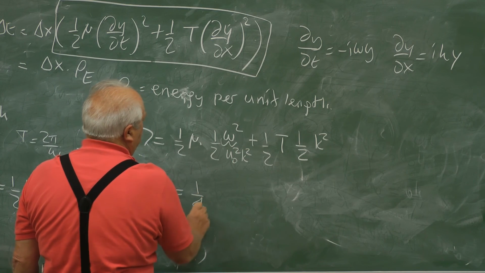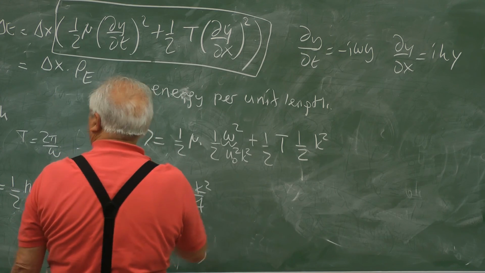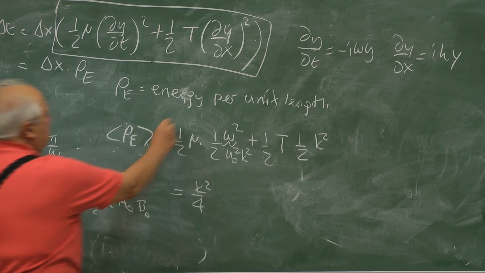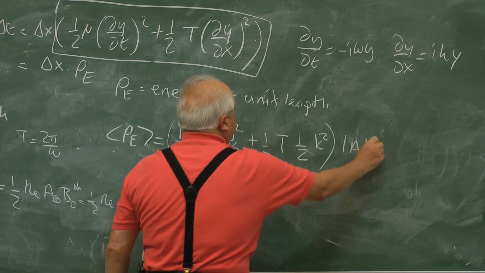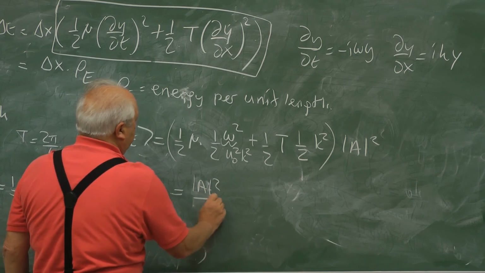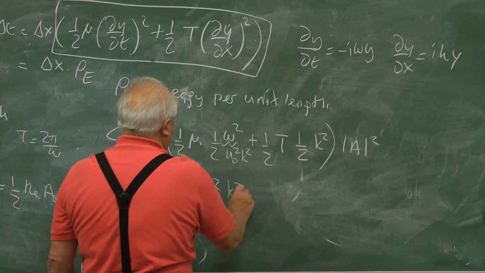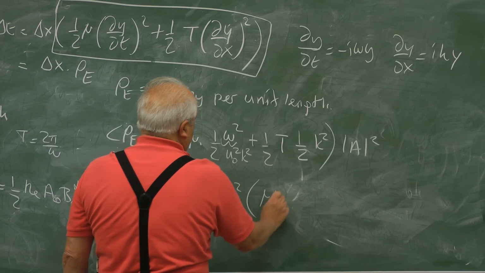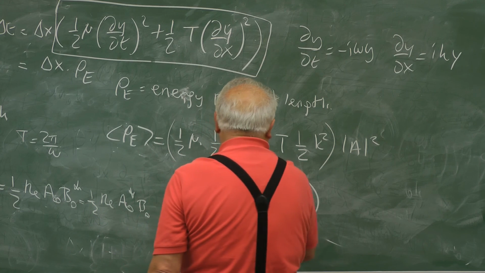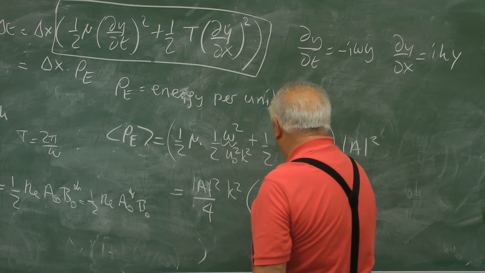So it is 1/4 k², and there is an A² multiplying these, the strength of the wave. So it is A²/4, k² is common, μ u0² plus T. But u0² is T over μ, so it gives me 2T.